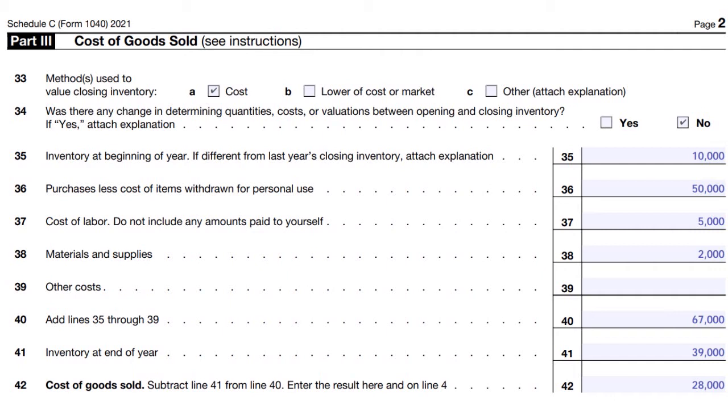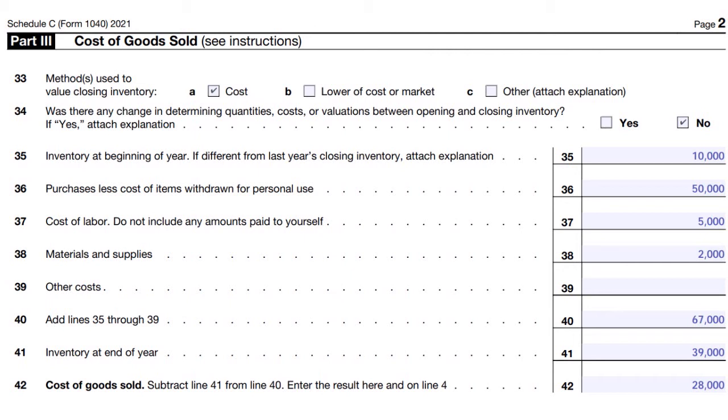If you look on the screen here, all the costs throughout the year amounted to 67,000, and the inventory at year end is 39,000. So the cost of goods sold is basically the total costs minus ending inventory.